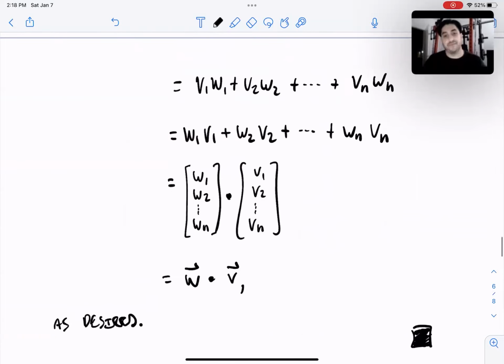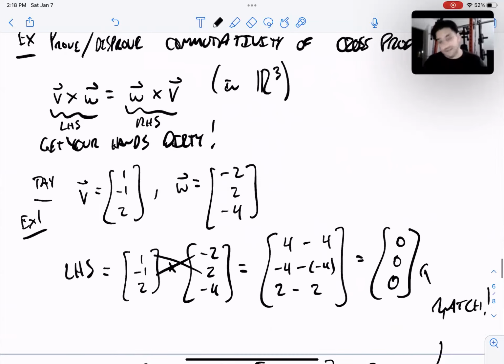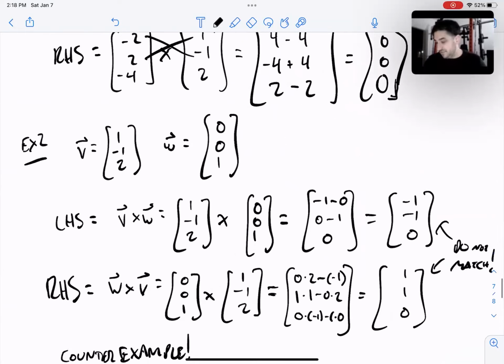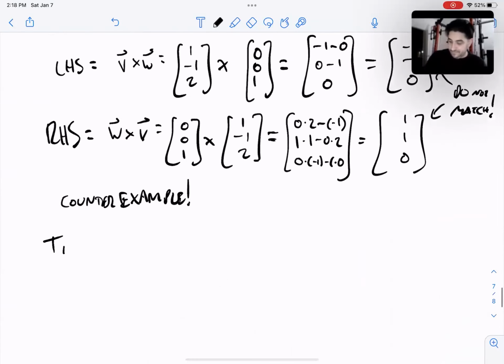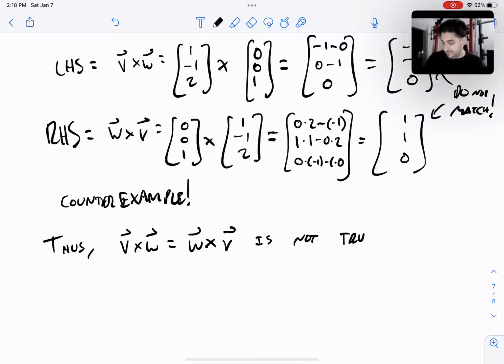And that's what we just did, right? We just found a very concrete counterexample. Thus, V cross W equals W cross V is not true. It's not true for all V and W in R3, right?